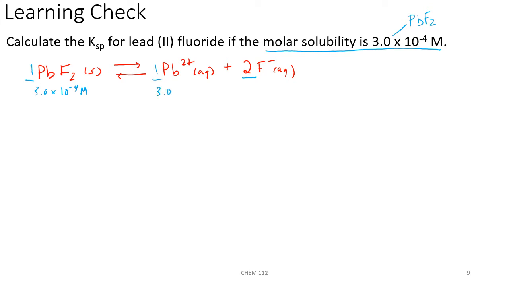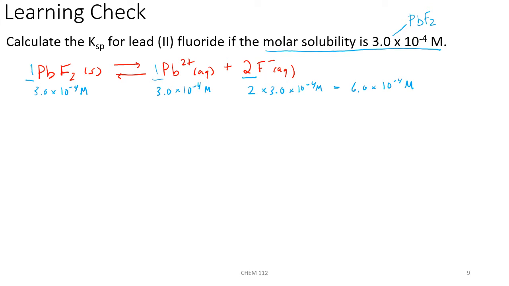We have 3.0 times 10 to the negative 4th molar for the lead 2 plus ion. And we have 2 times 3.0 times 10 to the negative 4th molar for our fluoride anions. So the fluoride concentration in this solution will actually be 6.0 times 10 to the negative 4th molar, 2 times the amount of the molar solubility.